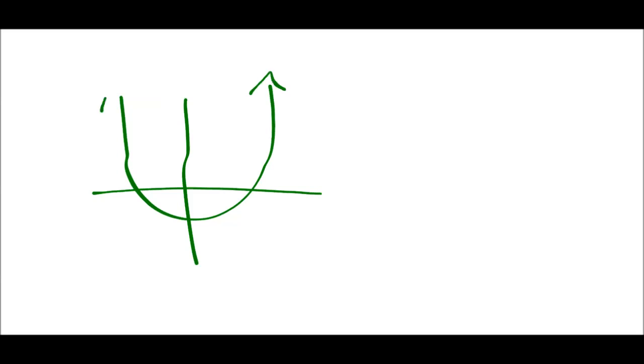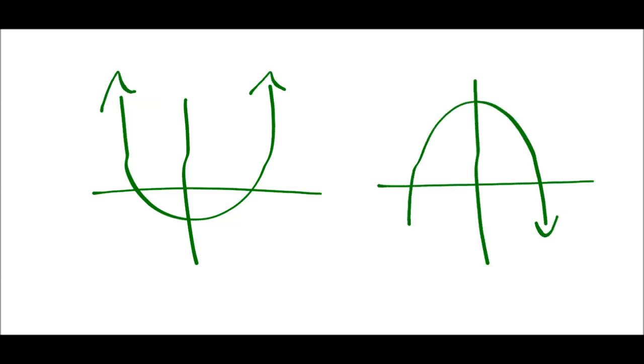Quadratics are always going to look like this, or upside down, that. Those are called parabolas. We're going to learn more about this on Monday, but a quadratic is always going to form a parabola on the graph.